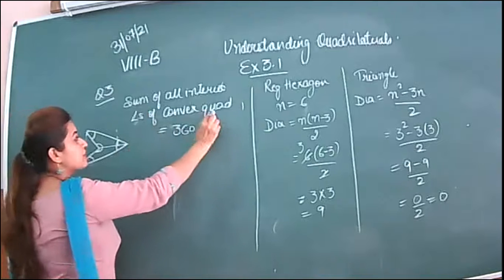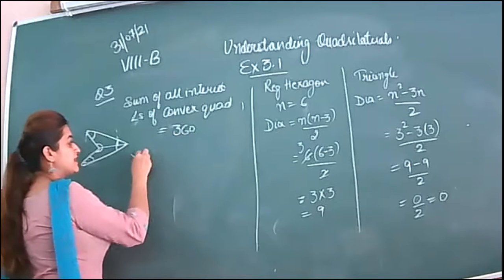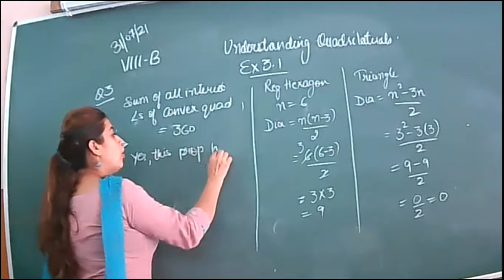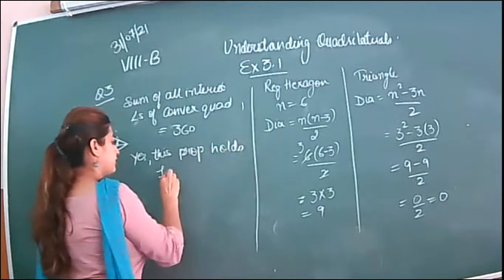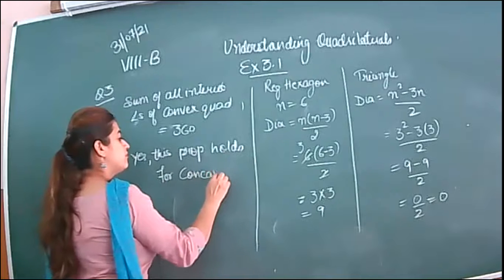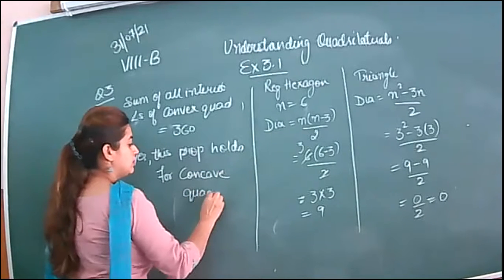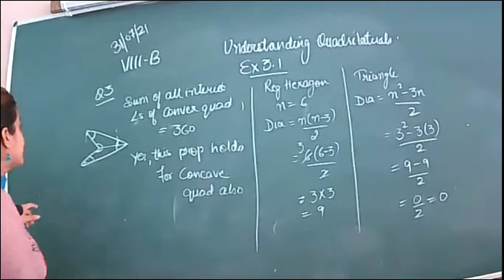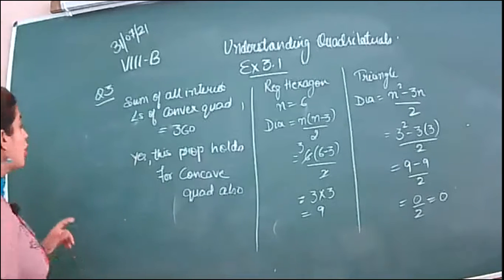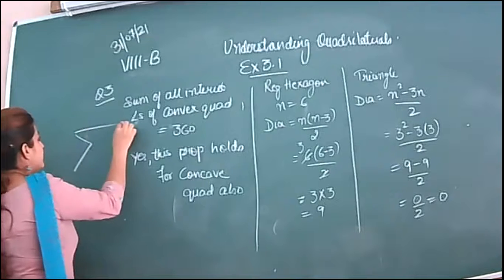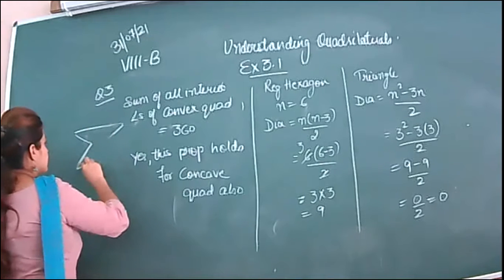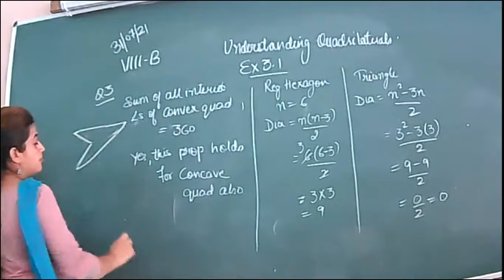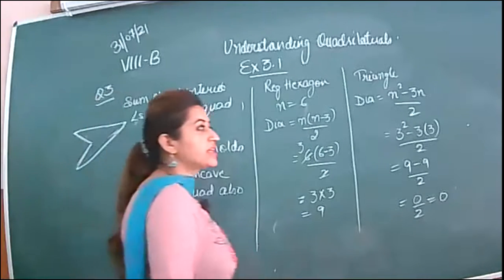So the sum of all the angles of a convex quadrilateral is 360, and yes, this property holds for a concave quadrilateral also. Okay, and you will draw this. Actually, the question can be like this: draw the concave quadrilateral and show that the sum of the angles is 360. This is your concave quadrilateral.